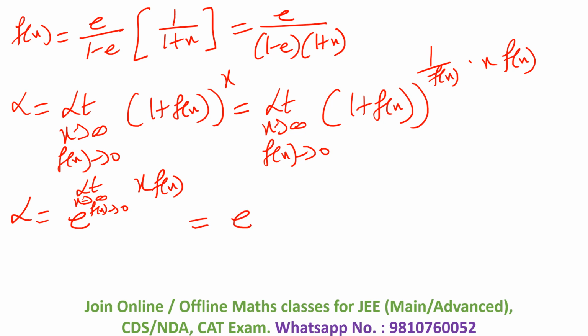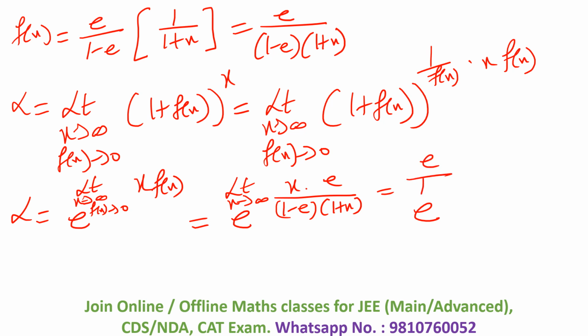Fine. Now just put the value of f(x) over here. It becomes e to the power limit x tending to infinity, x into e upon 1 minus e into 1 plus x. Now just take out e upon 1 minus e common from the limit. Now it becomes e to the power e upon 1 minus e into limit x tending to infinity, x upon 1 plus x.